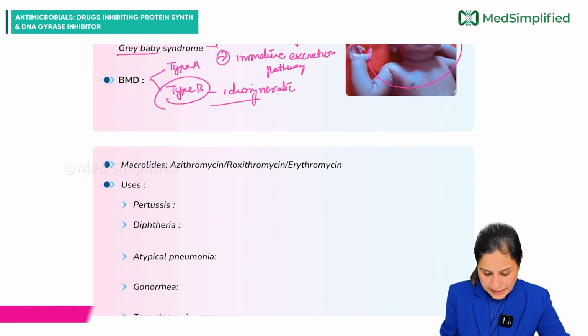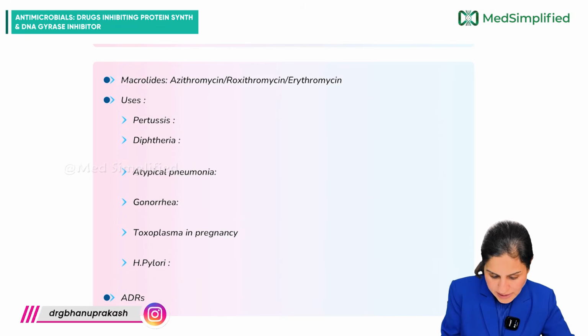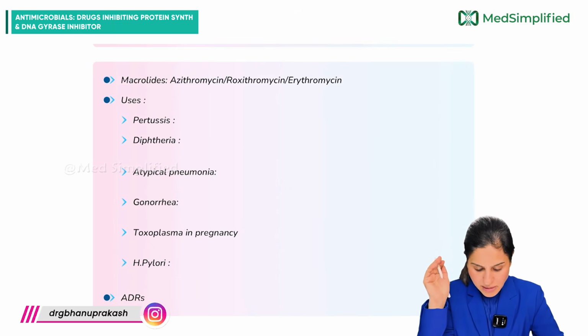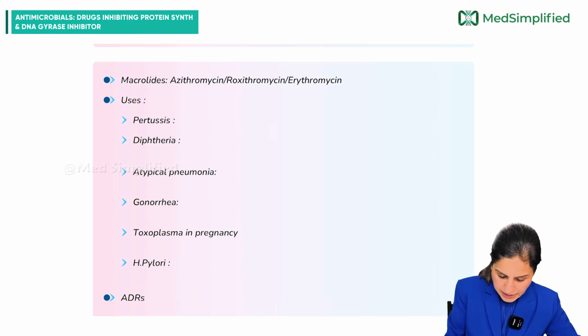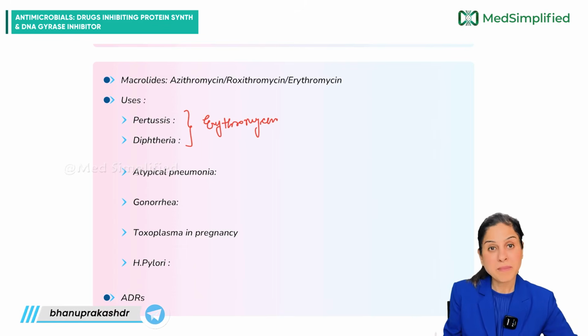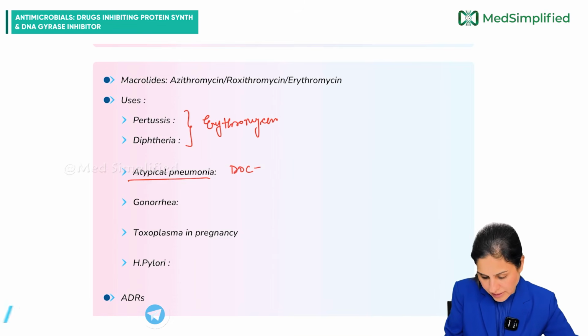All right. Then we have macrolides. The third group we have today is macrolides. We have azithromycin, roxithromycin, and erythromycin. For the uses of these macrolides: in pertussis and diphtheria, we use erythromycin. For atypical pneumonia, the drug of choice is macrolides, especially azithromycin.